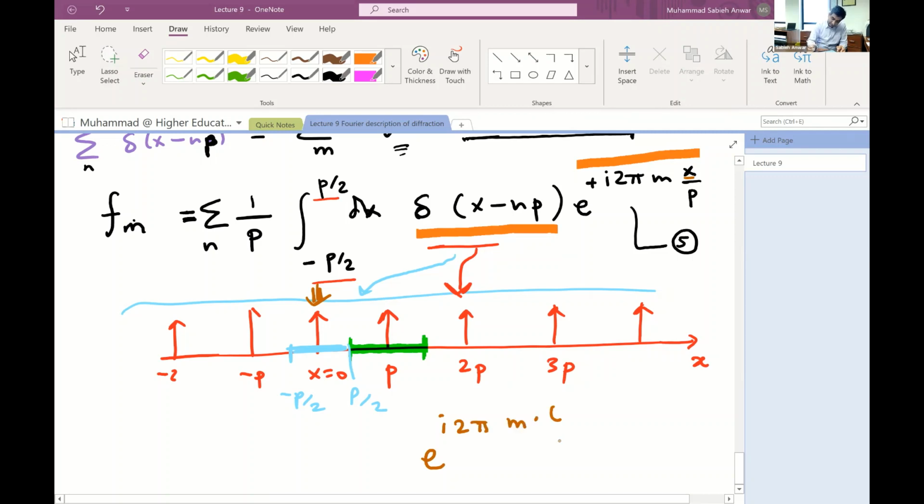And the integral sign vanishes. And I don't need to consider any other n because my limit of integration is simply what I've shown in blue over here. Everywhere else, I just don't care. So this would be my answer for the integral. This is my f m.